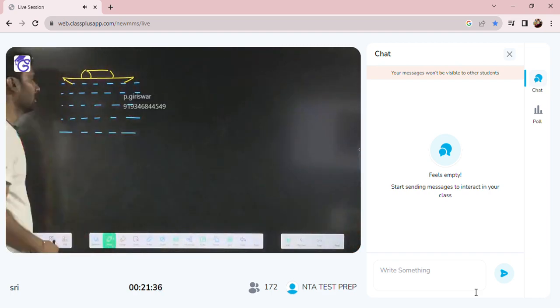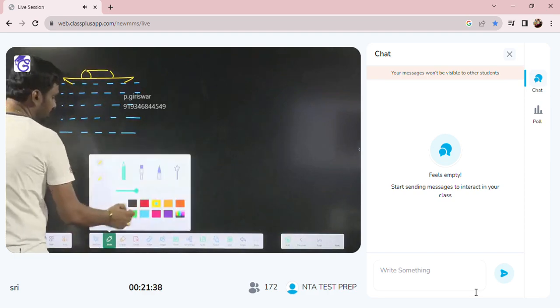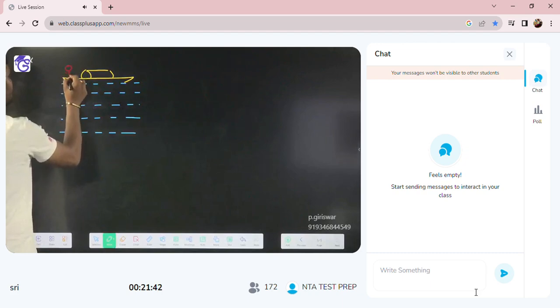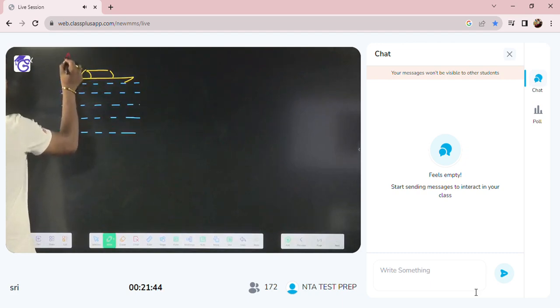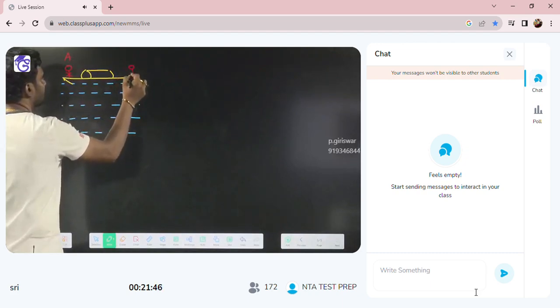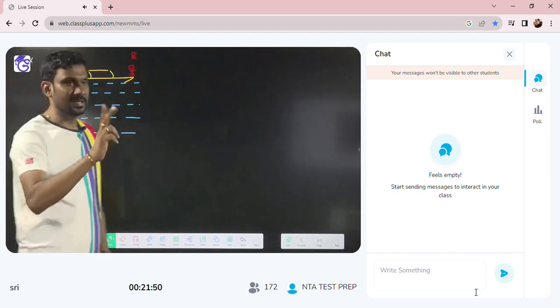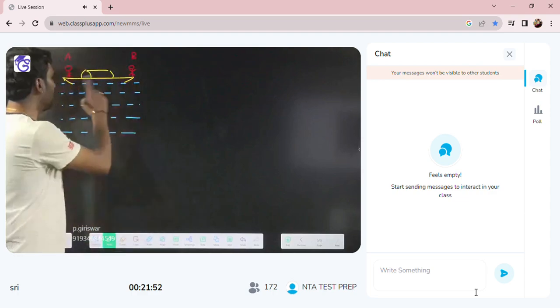Doesn't matter. Then all of a sudden what we see is that there are two persons. Here is one person, person A. Here is another person, person B. Two persons are there, on the two ends.